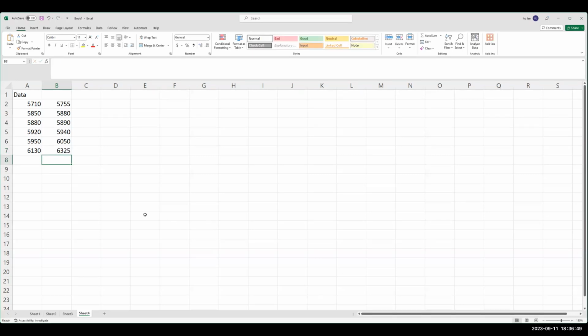So this is the data we have, and it looks like it's in ascending order. This is the smallest, second smallest, third, keeps going, and this is the largest. So this is our data.